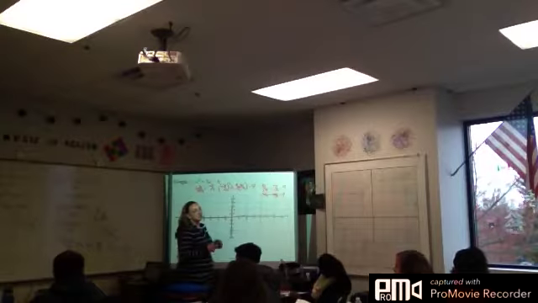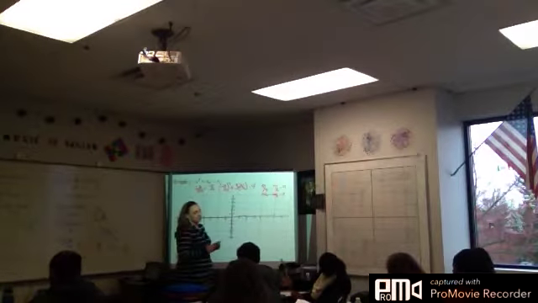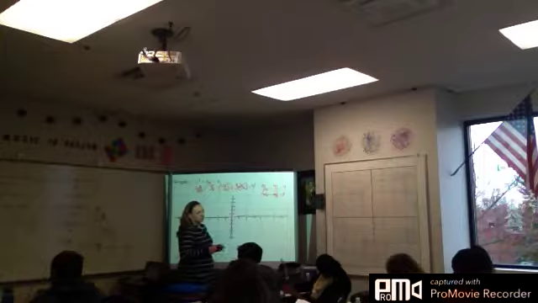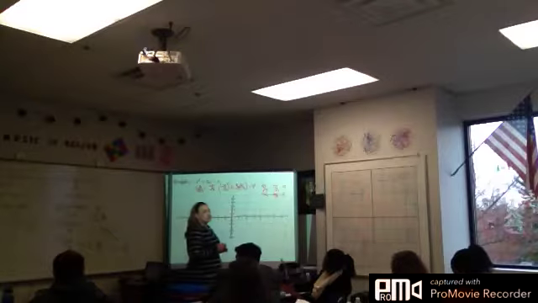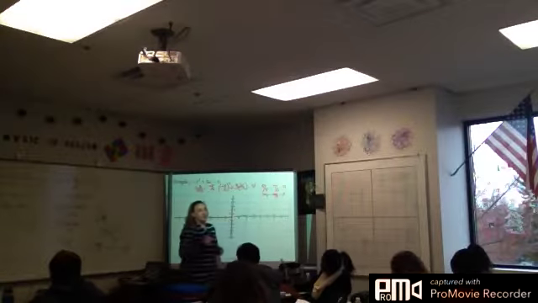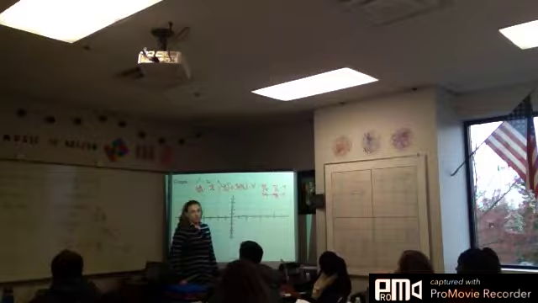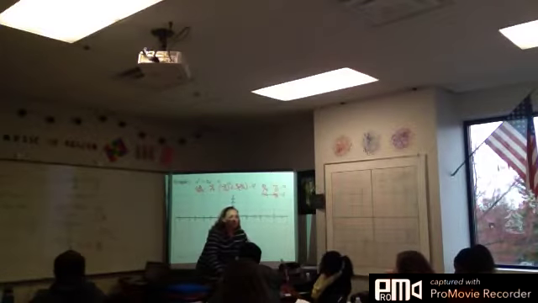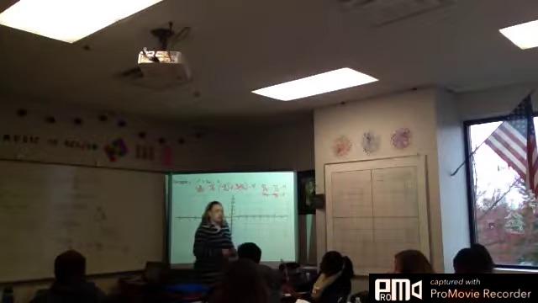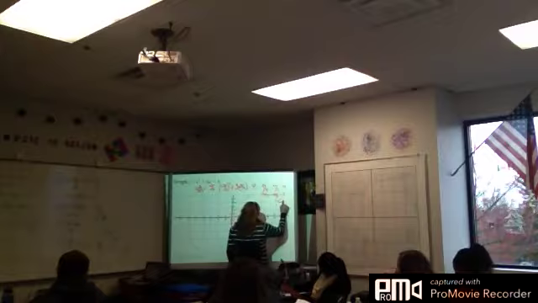Change negative 9 fourths into a mixed number. 4 goes into 9 two times with a remainder of 1, so negative 2 and a fourth. Negative 2 and a fourth minus 4 is negative 6 and 1/4.